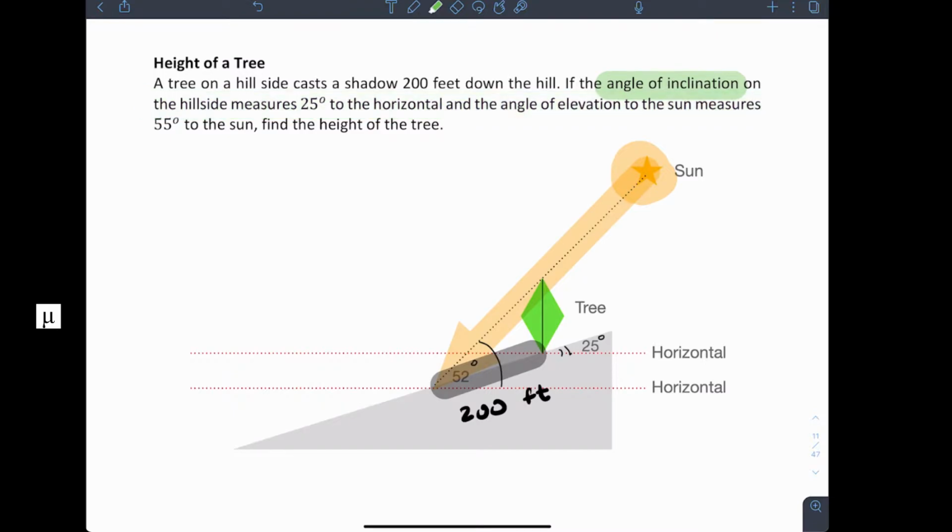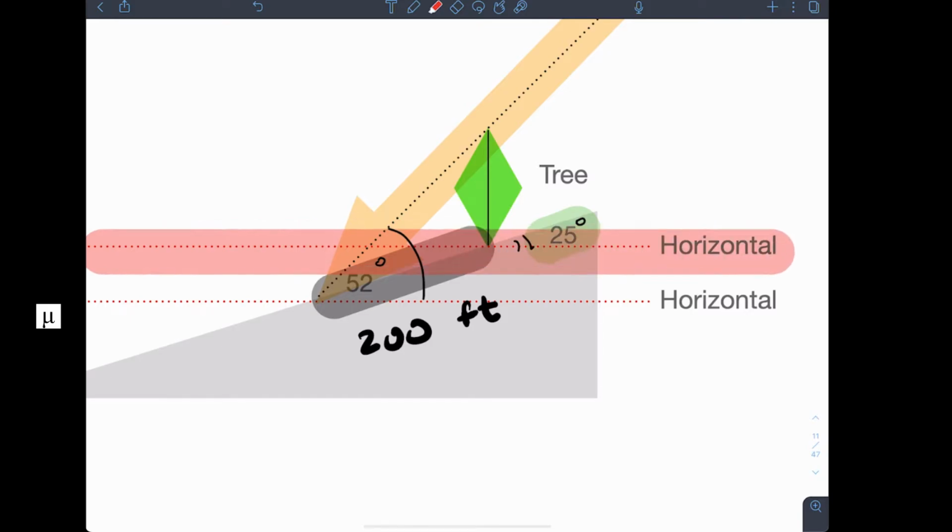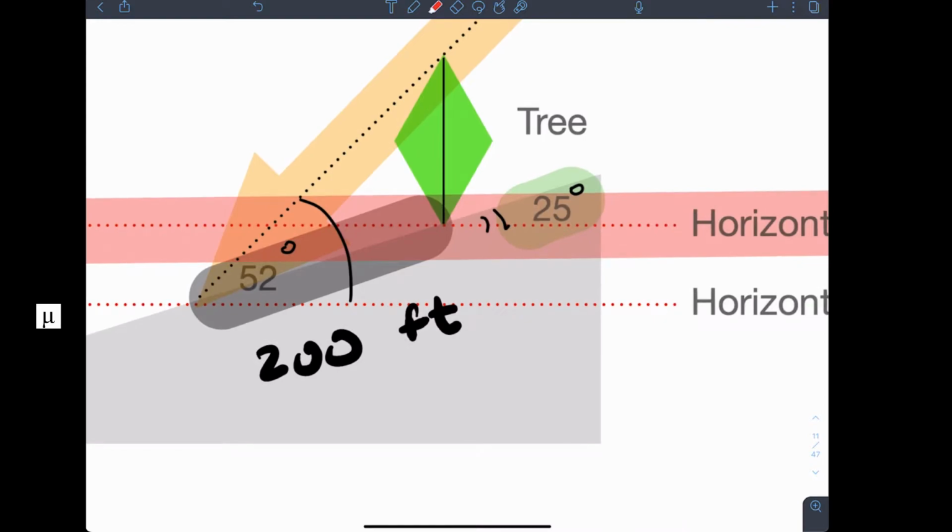So you might say, what horizontal? What they're saying is the angle of the hill is 25 degrees right there. There's a horizontal here. The only way they can measure that is if they have a horizontal.